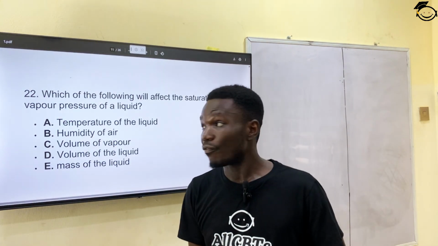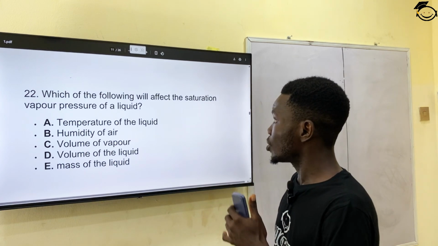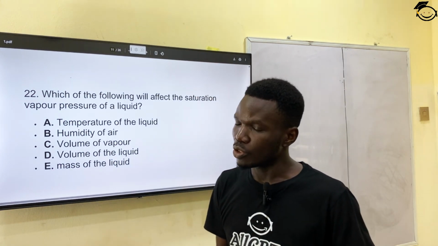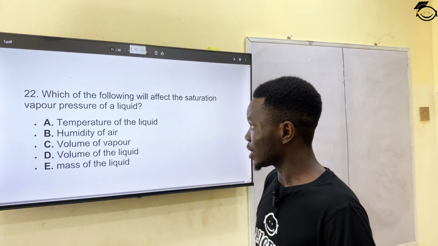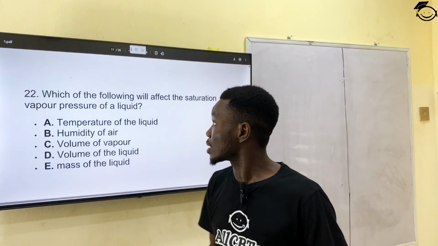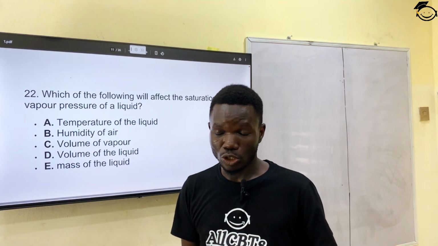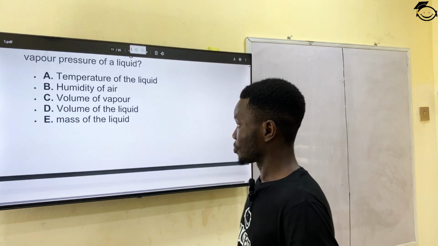The only thing that can affect the saturation vapor pressure of a liquid is the temperature of the liquid. So when the temperature increases, it affects it, and when it reduces, it also affects the vapor pressure of the liquid.